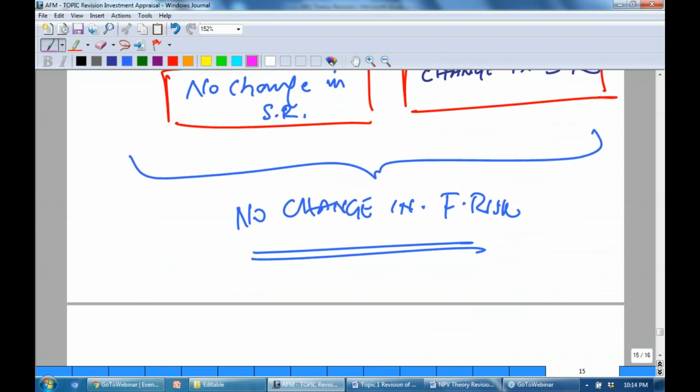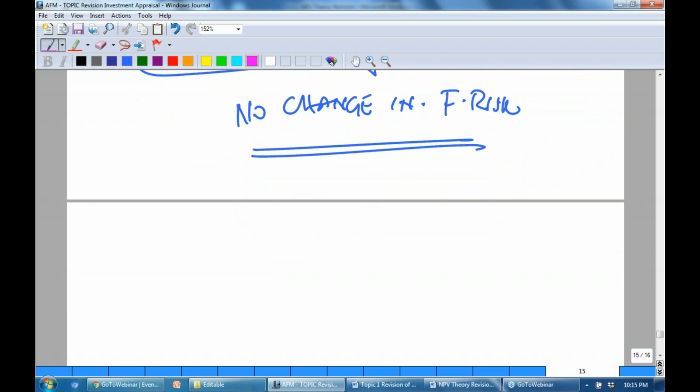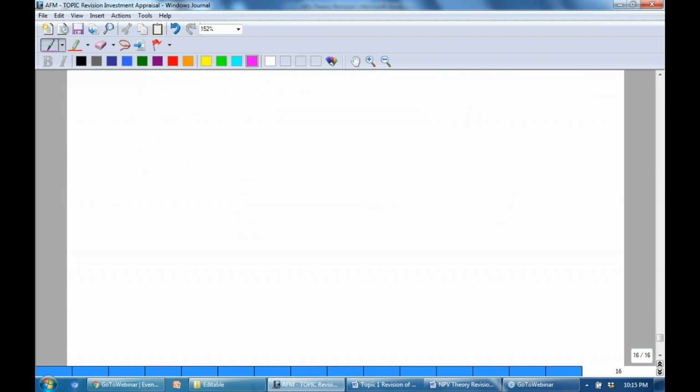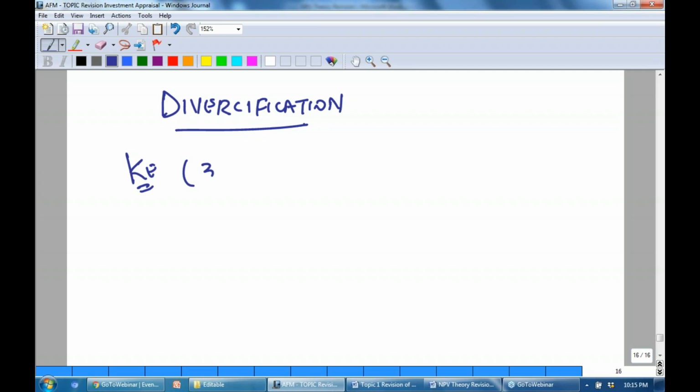Candidates, before starting any question about it, one more thing you need to consider here. In case of specifically diversification, for the working of beta, for the working of KE, that's a 3 steps solution.